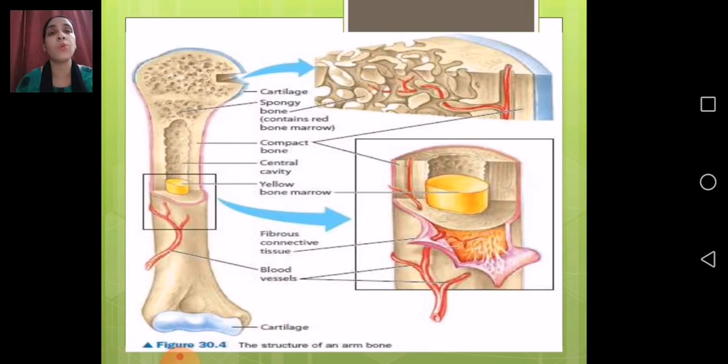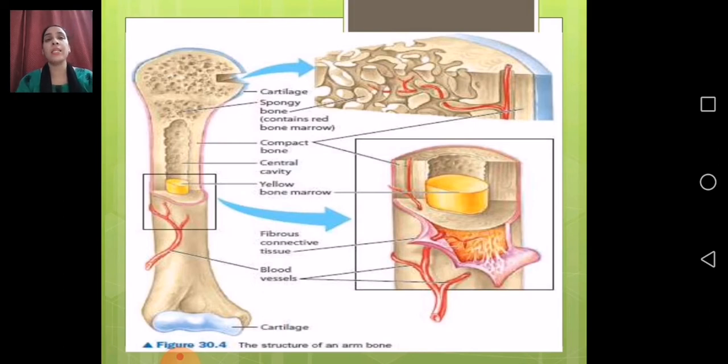In all these parts, the spongy bones contain red bone marrow. You can also find compact bone, the central cavity, yellow bone marrow, fibrous connective tissues and blood vessels. Between two connected bones there is cushion-like soft, connective bone, that is cartilage.